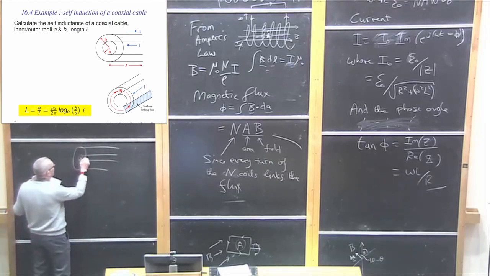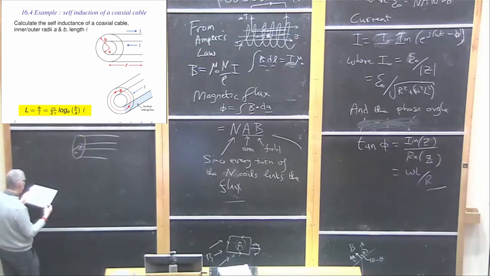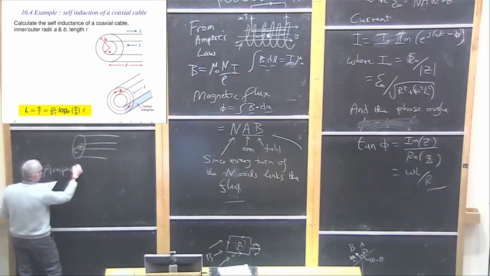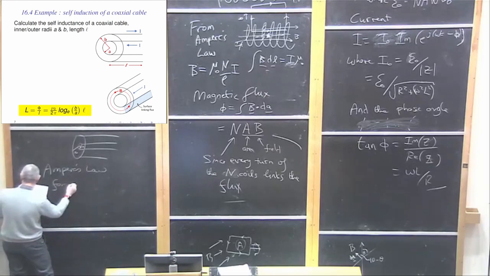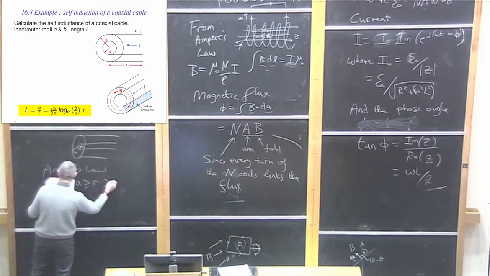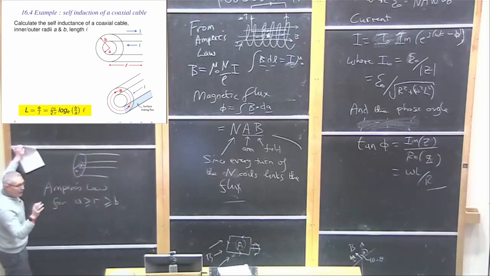So this is A, that's B. That's just the geometry. So Ampere's law for in that gap, A less than or equal to r less than or equal to B.